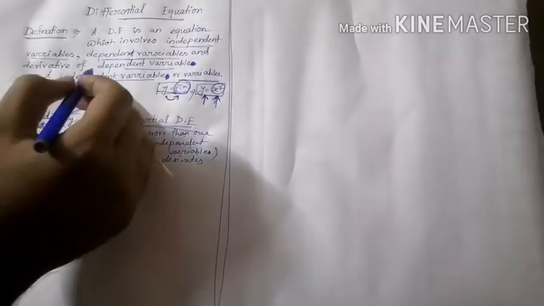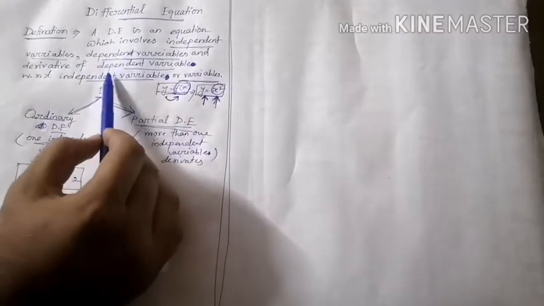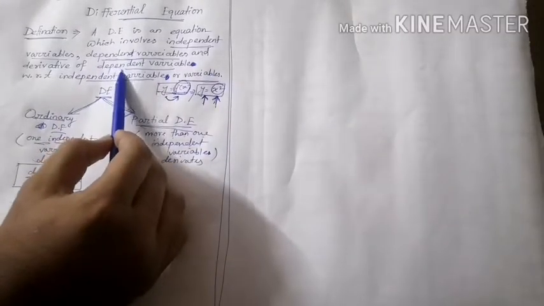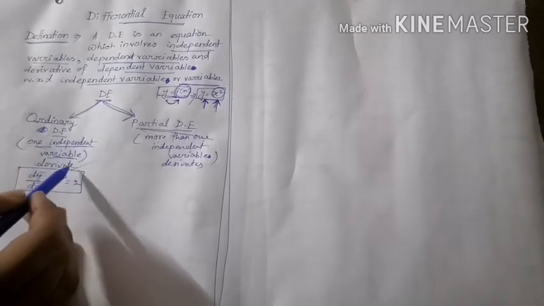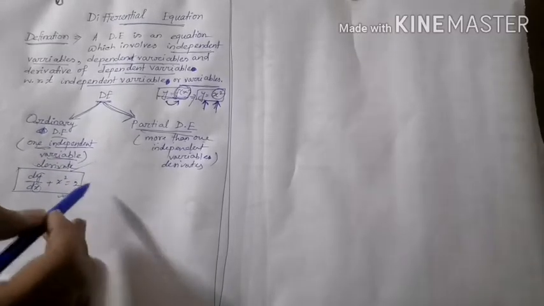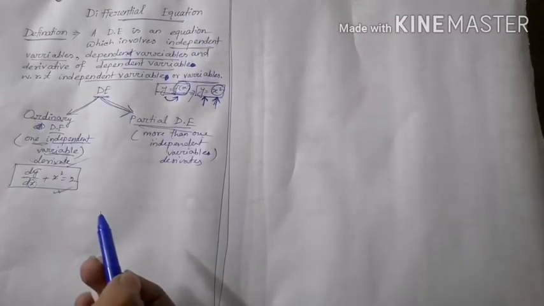The dependent variable is y and the independent variable is x, so this is an example of an ordinary differential equation.